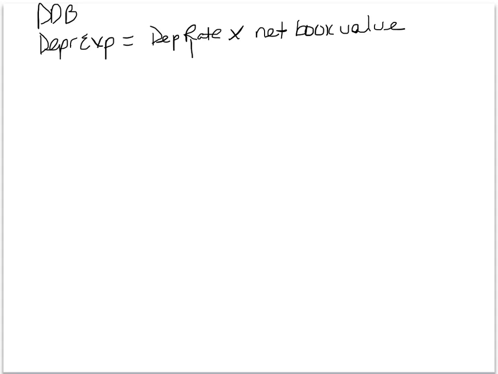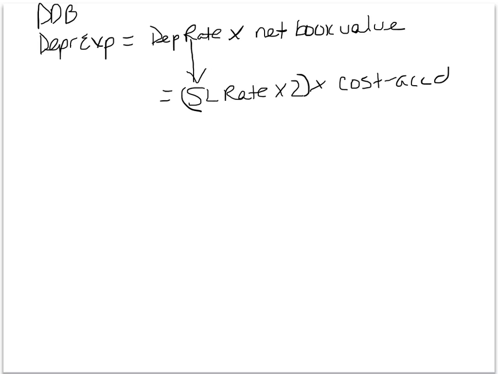Okay? To get this depreciation rate, it's always going to equal the straight line rate times 2 times cost minus accumulated depreciation, which is the book value.